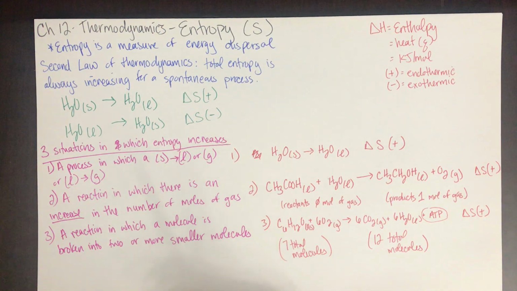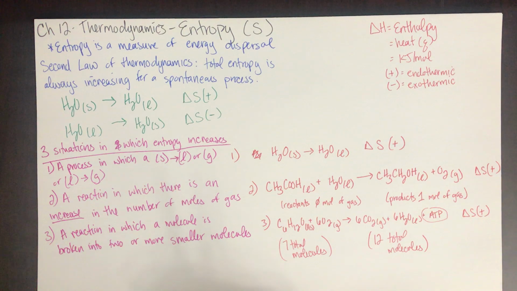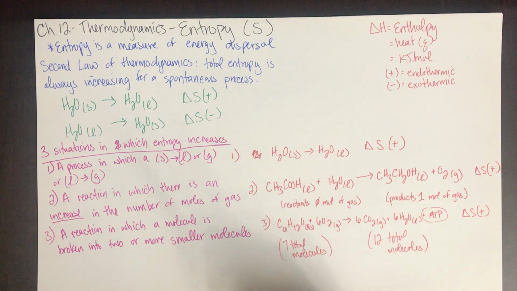Entropy decreases as disorder or dispersal decreases. So we'll talk about how to calculate the actual value later, but for now you just need to be comfortable with assigning a sign, positive or negative, to some of these different processes.